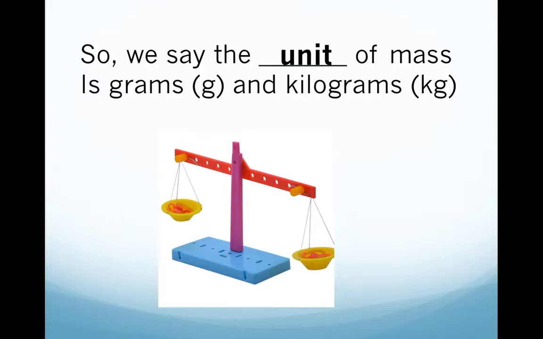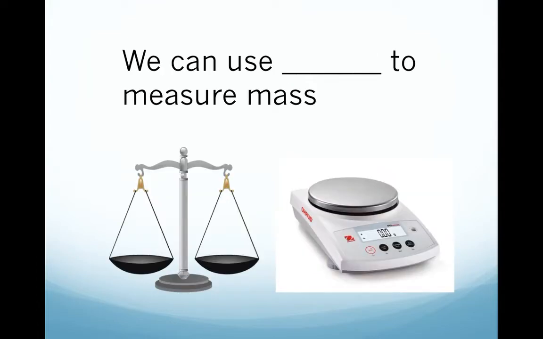The unit of mass is grams and kilograms. We can use these two things to measure mass. Both of these can be called tools. We can use tools to measure mass.